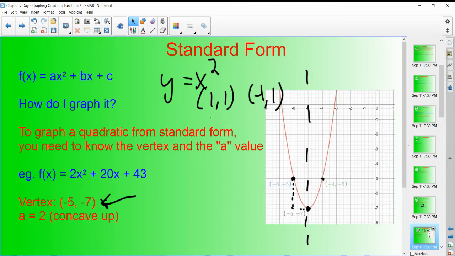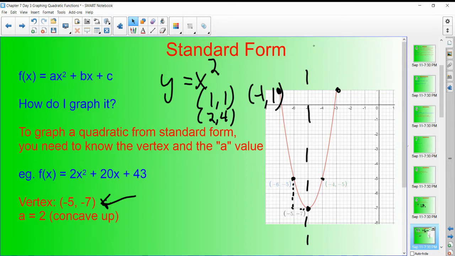So normally I'd go over 2, up 4. But since the vertical stretch is 2, I go over 2 and I go up 8. So left 2, up 1, 2, 3, 4, 5, 6, 7, 8. And then go back to the vertex, right 2, up 8. If I want 5 points, I can have 5 points as well. 3 points is the bare minimum, though: the vertex and 1 point on either side.